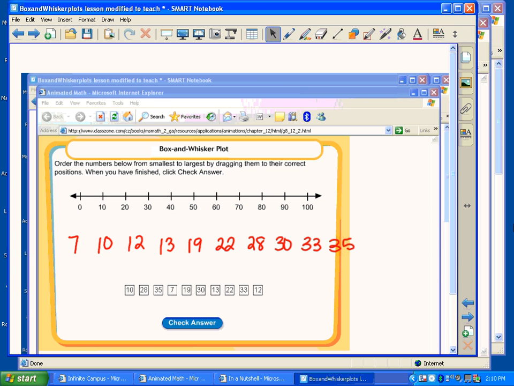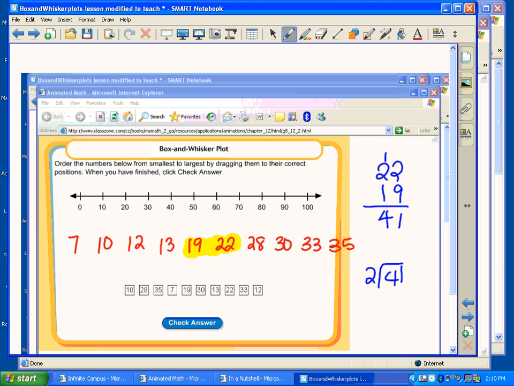Okay, now what two numbers are in the middle? 19 and 22. So I've got to find the median. So what do I do? Divide by 2. What do I get when I add 19 and 22? 41.